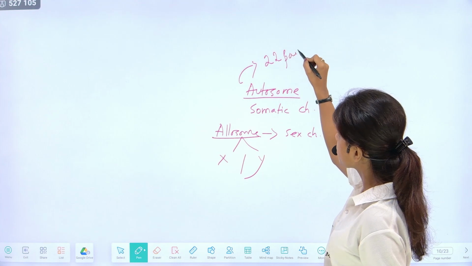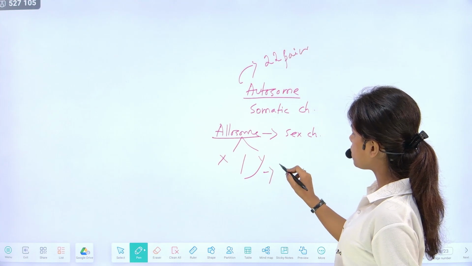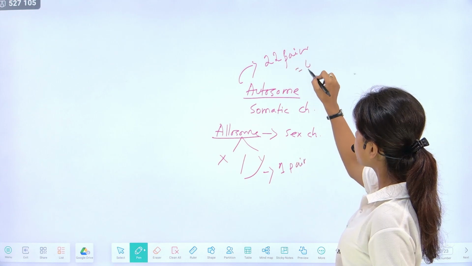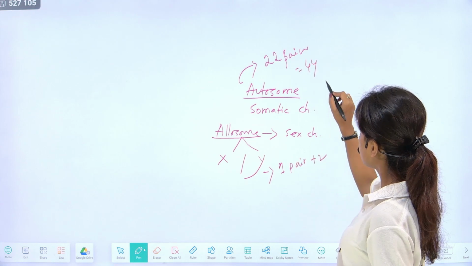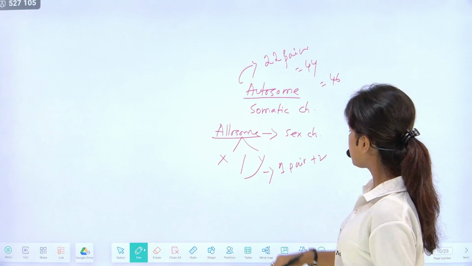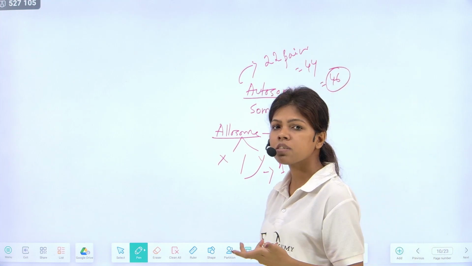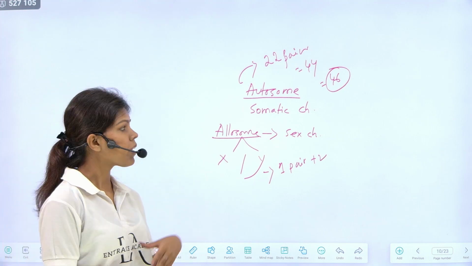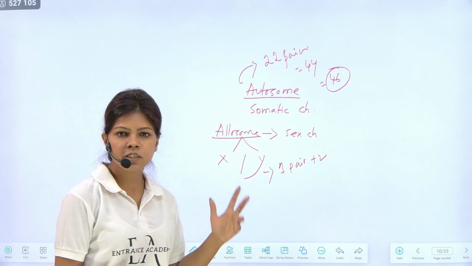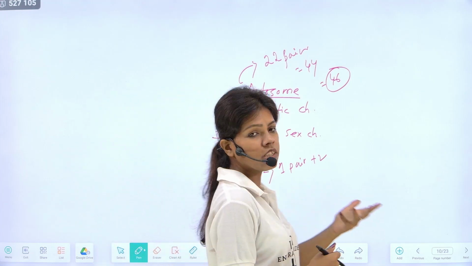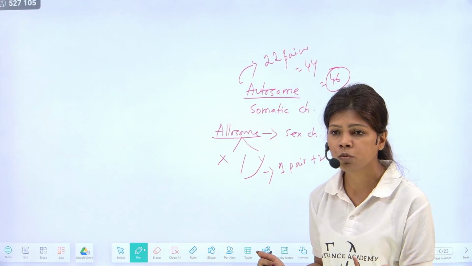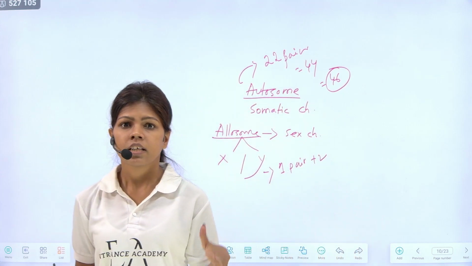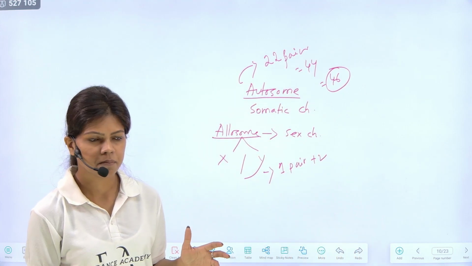And the number of allosomes is one pair. So here 44 plus 2 is equal to 46 chromosomes in a single cell. So autosomes are the somatic chromosomes which determine the somatic characters of our body. On the other hand, allosomes are the sex chromosomes which determine the sex of an individual. If it contains two X chromosomes, then the individual is a female. If it contains one X and one Y chromosome, the individual is a male.